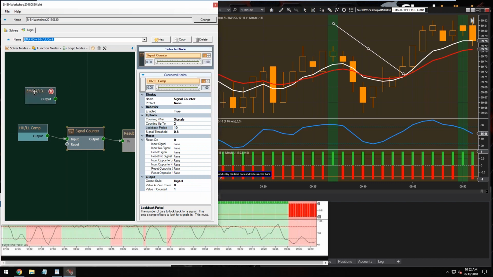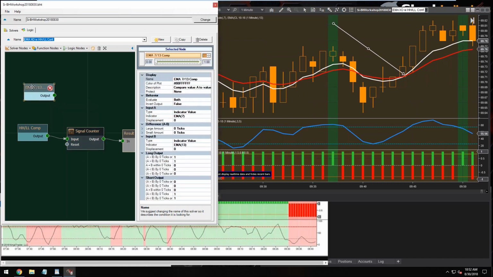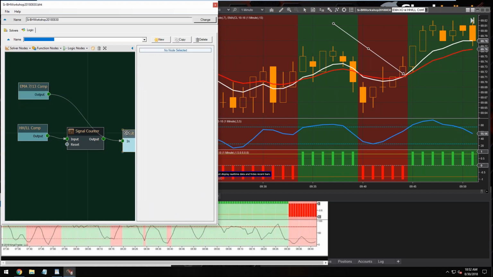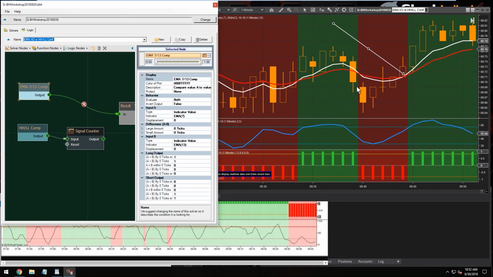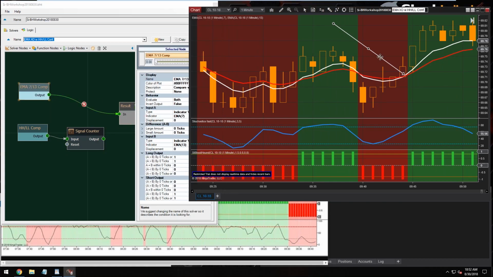And so what we'll use is this comparison solver here. So we can see, let's see here. We'll play around with this and kind of figure it out.